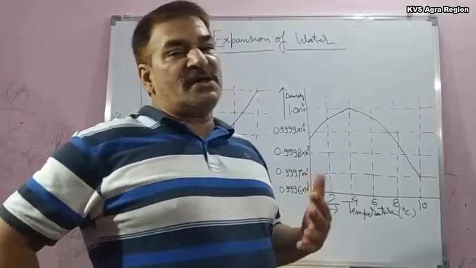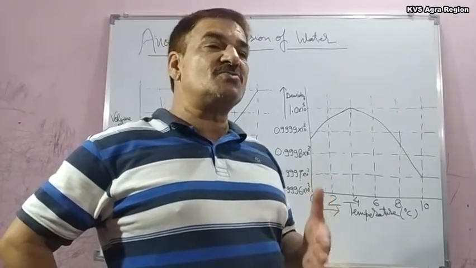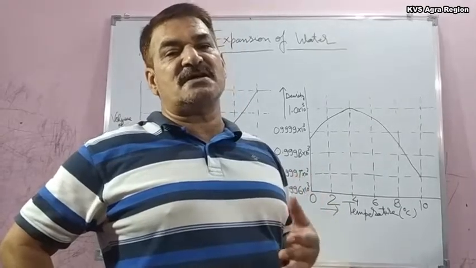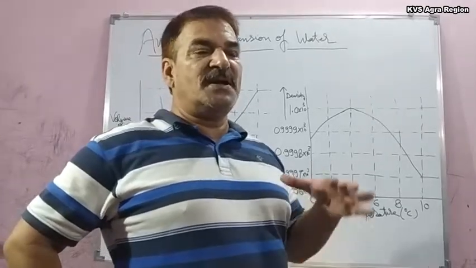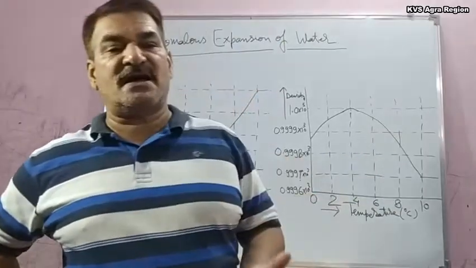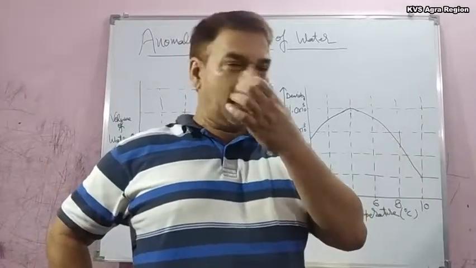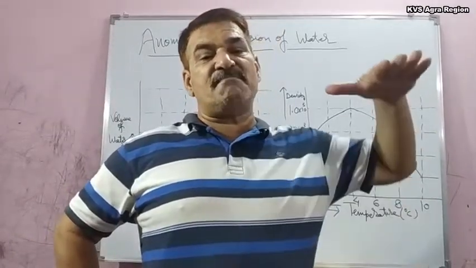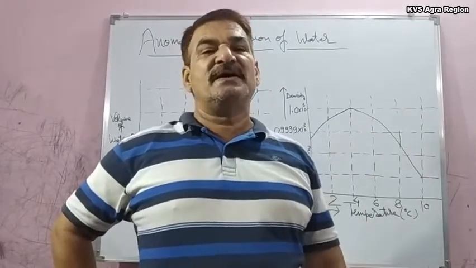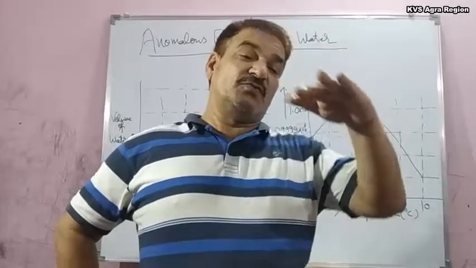So this is anomalous expansion of water, and because of it there are so many natural phenomena taking place. This anomalous expansion of water is helping the survival of aquatic life, because in the places where temperature goes down to 0 or less than 0, what happens when the temperature of water reduces to 4 degrees Celsius?